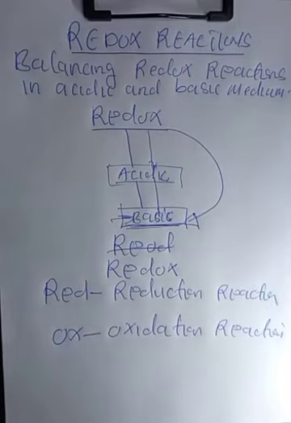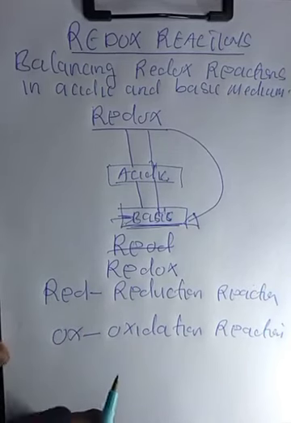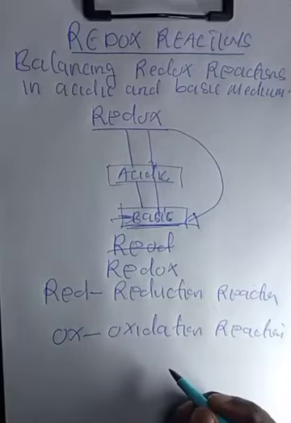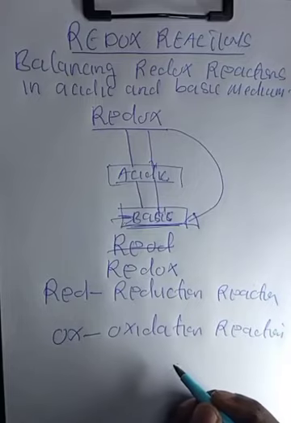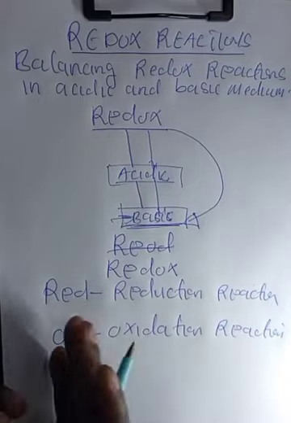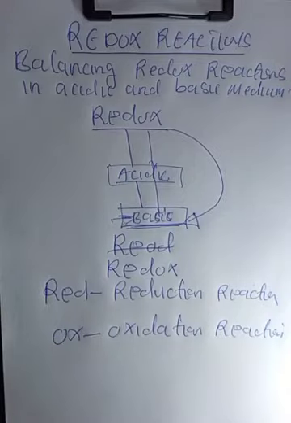So the word redox is made up of reduction and oxidation reactions, and we abbreviate it as redox. So redox is a short form of reduction oxidation reaction. In short form, we just say redox.